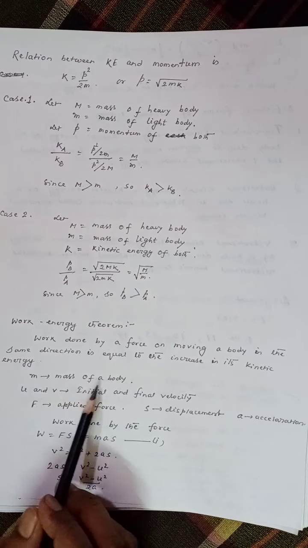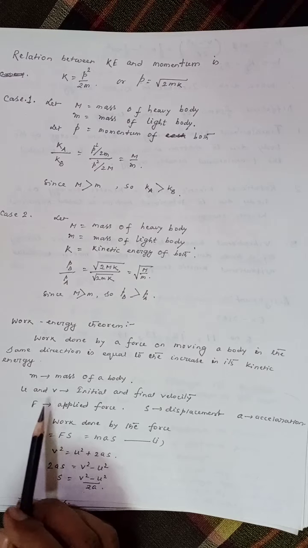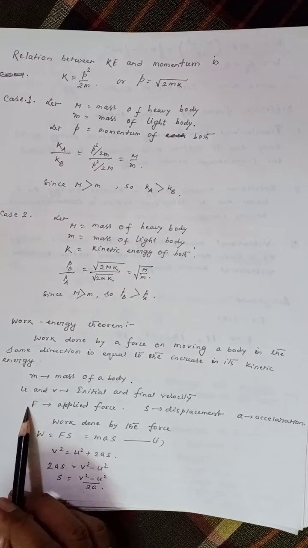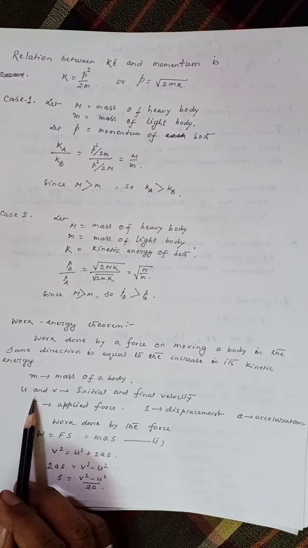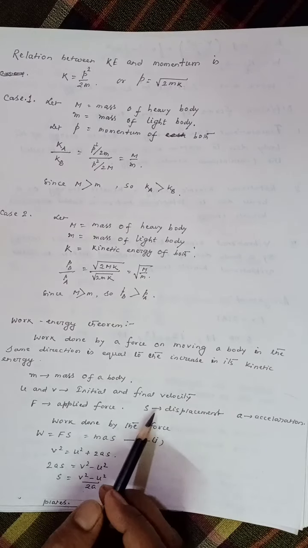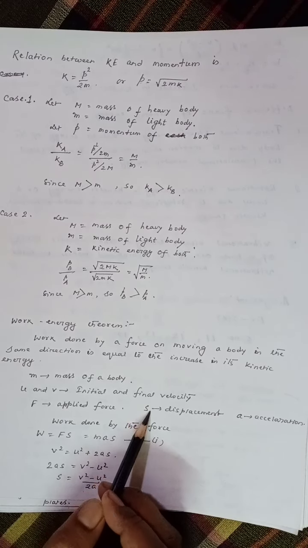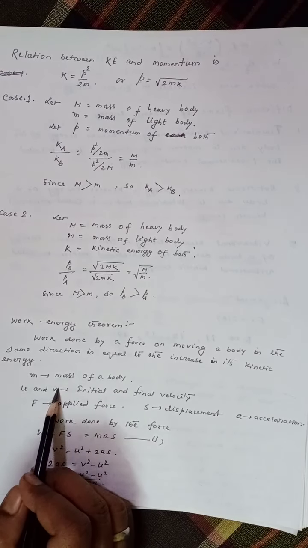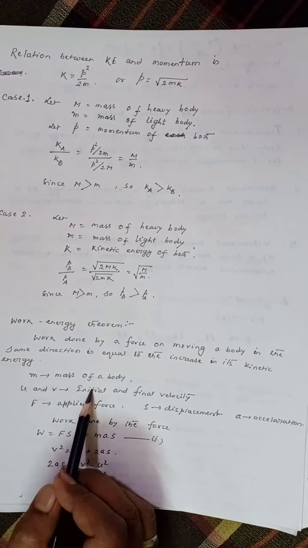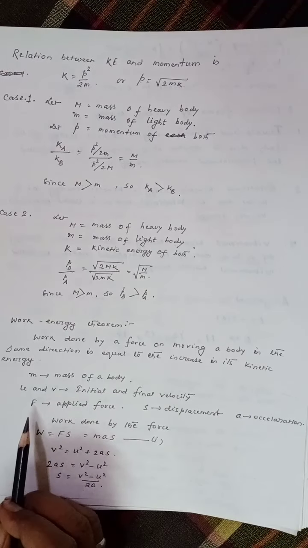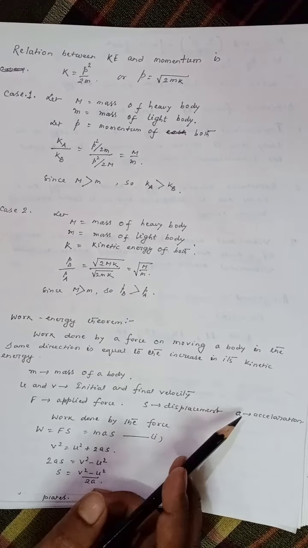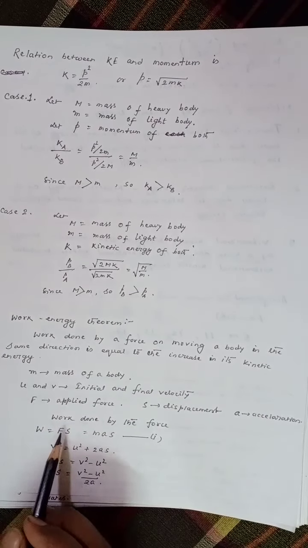Suppose m is the mass of the body, which is traveling initially with velocity u, and due to the force capital F applied on it, it accelerates with an acceleration a, and when it travels a distance s, its velocity changes to v. So u and v are initial and final velocities. F is the applied force, s is the displacement, and a is the acceleration.